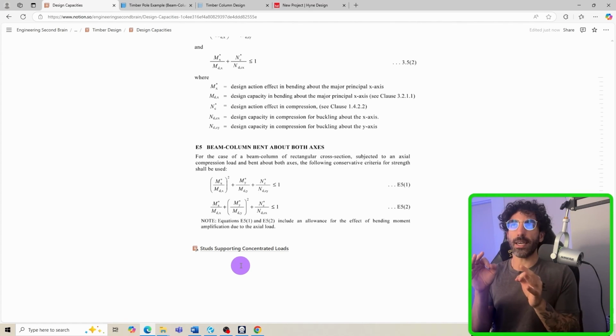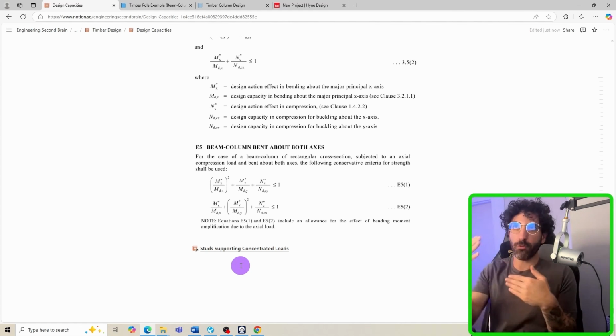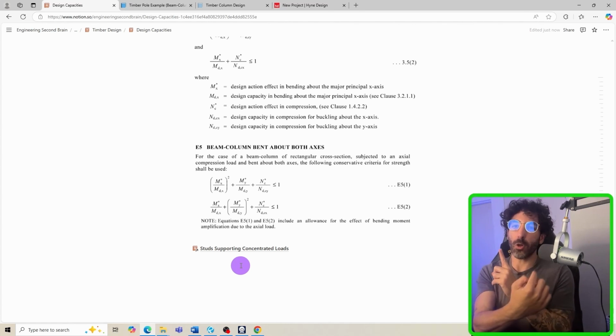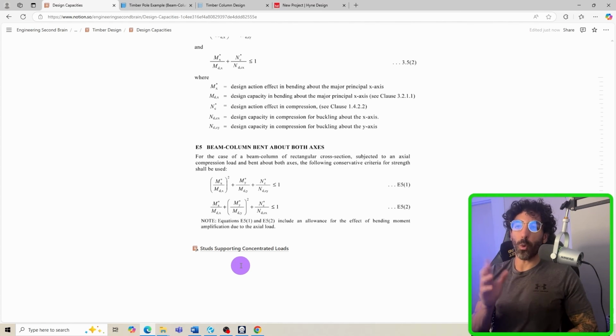So it's pretty much an external wall framing, because the external wall framing is always subjected to wind loads and at the same time the concentrated loads from the floor above. And then this example is a stud supporting a point load from a beam and also supporting lateral wind forces. We have a lesson on wall framing, so we're going to go through this example together for studs supporting concentrated loads, but feel free to have a look at it by yourself right now.